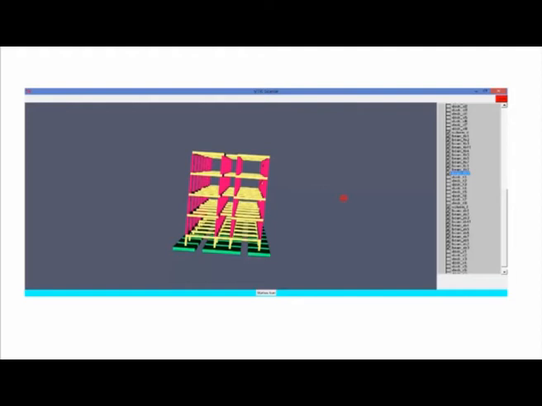We do not consider it; we only consider frames, that means beams and columns. Only the loading on the slab we consider for our analysis, but we do not consider the strength of the slab in our structural analysis. Walls also we do not consider, we only consider the self weight of the wall.